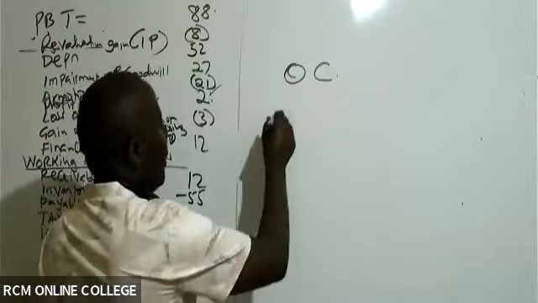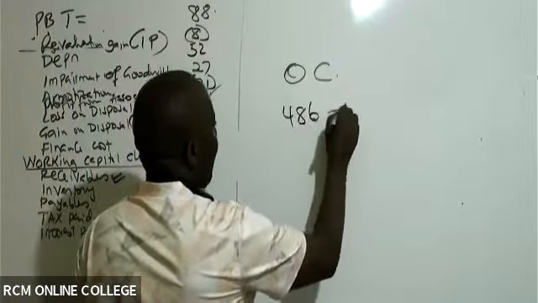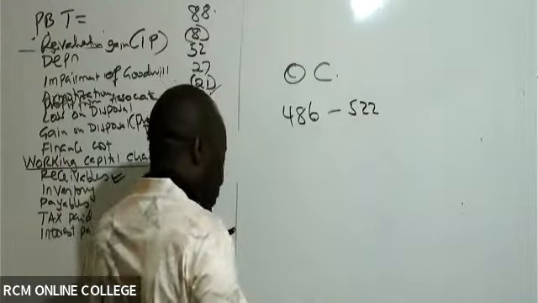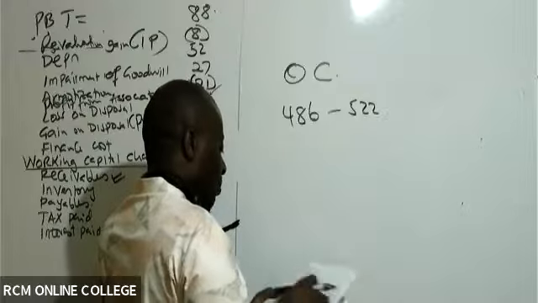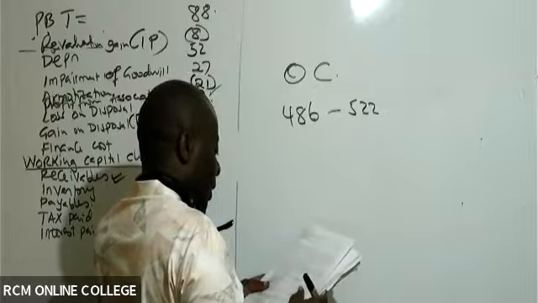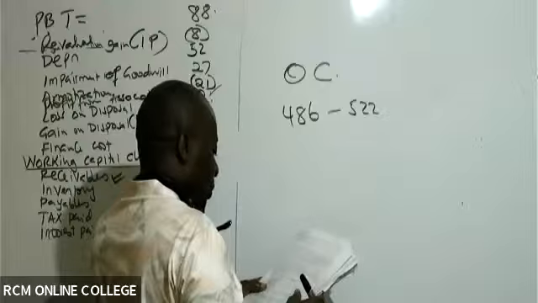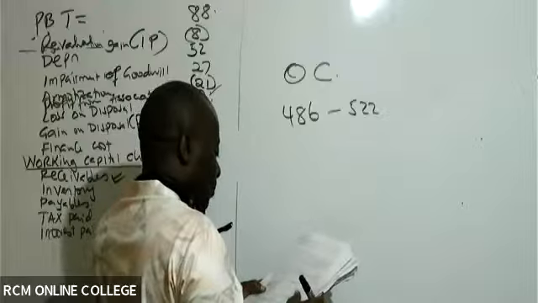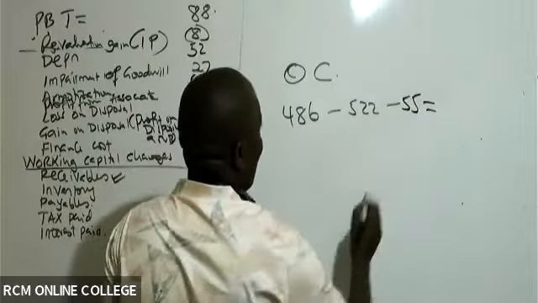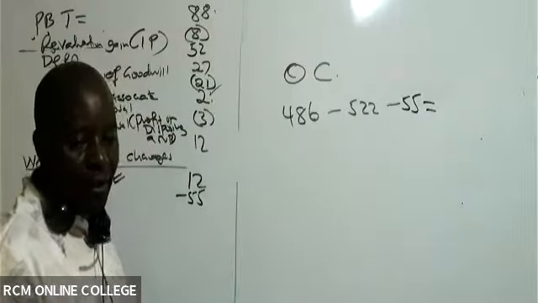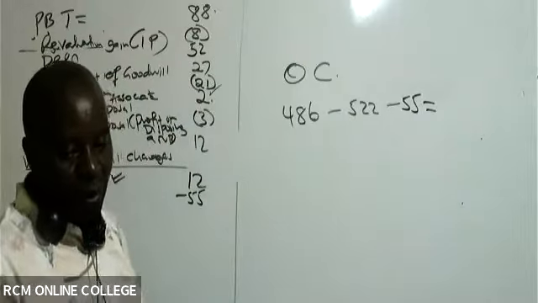So we have here 486 minus 522, minus this subsidiary that left us and went with payables worth 55. And they're saying it's 524.